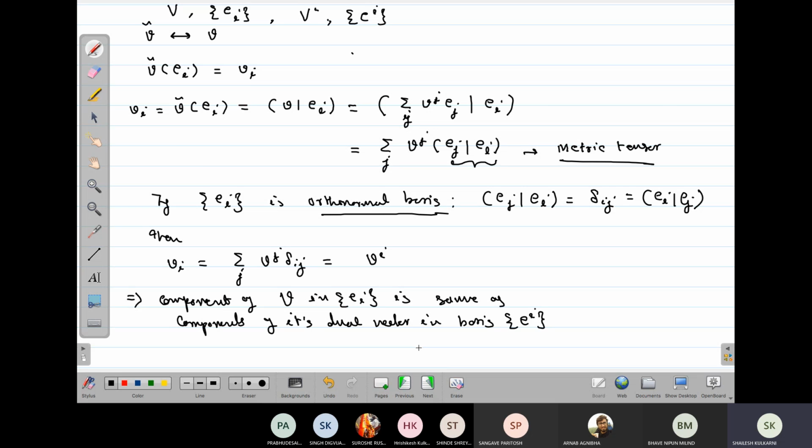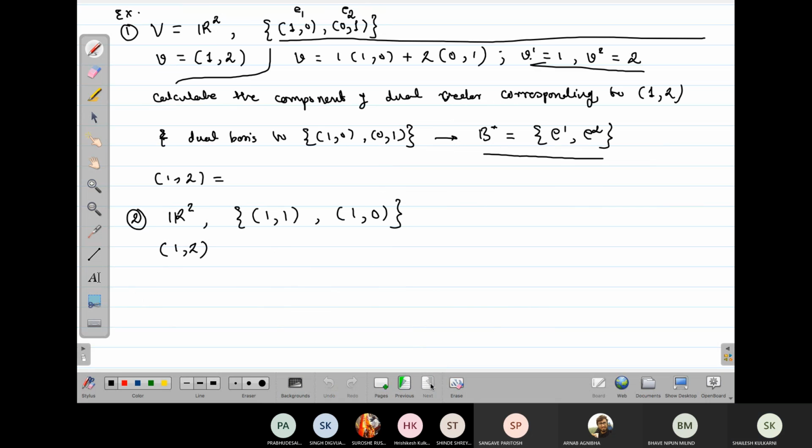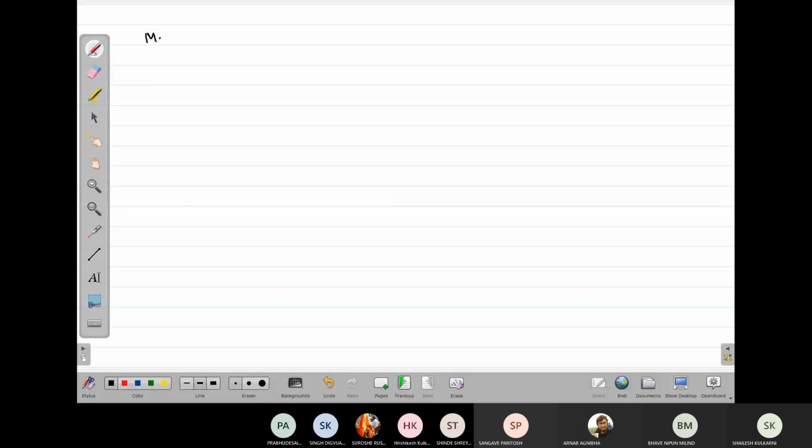So now we'll define the metric tensor. The metric tensor is a type (0,2) tensor, and we usually denote it by eta.